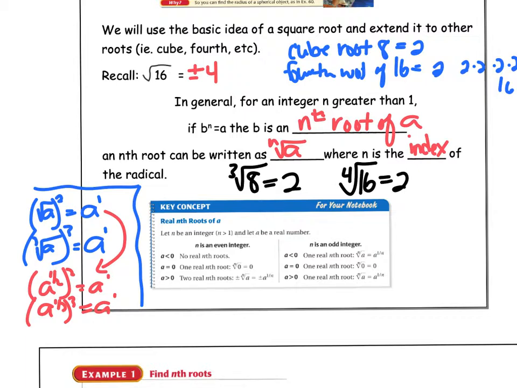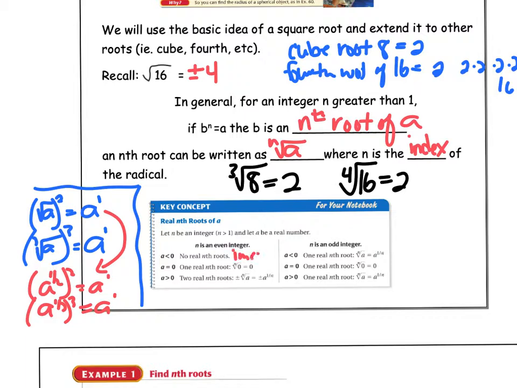So let's look at this key concept really quickly. It says if your n is an even integer, or I should say your index is an even number, like a 2 or a 4, and the number underneath the radical is negative, you won't have any real nth roots because you're going to have imaginary roots, but that's okay.